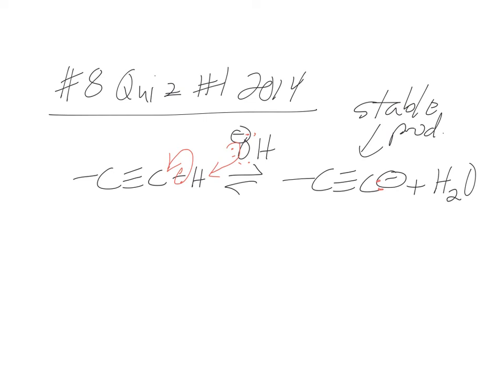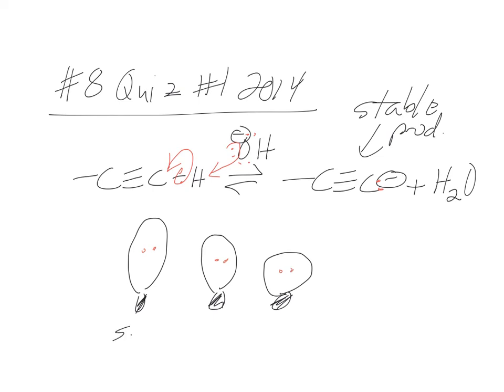For reference, let's draw an sp3, an sp2, and an sp. If I put a lone pair in each of these, where's that lone pair the happiest and why?